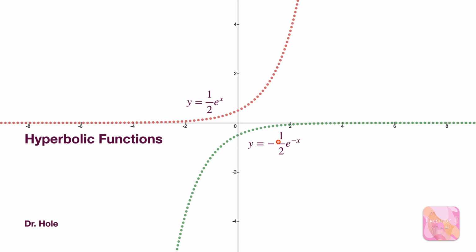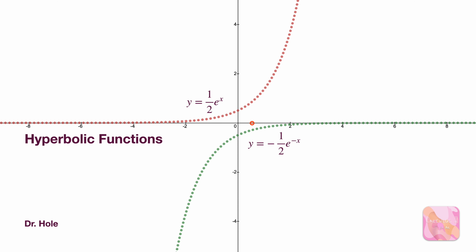We want to take the sum of these two curves, so 1/2 e to the x minus 1/2 e to the negative x. Consider when x is equal to 0, you'll have 1/2 plus negative 1/2. Our curve is going to go through the origin.